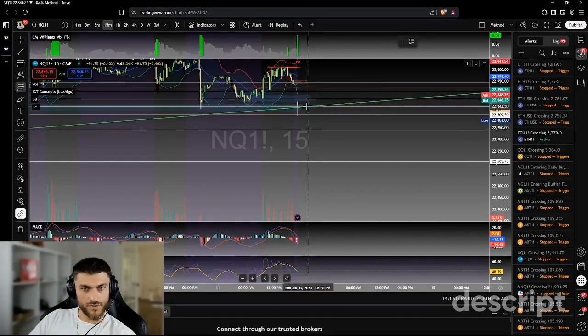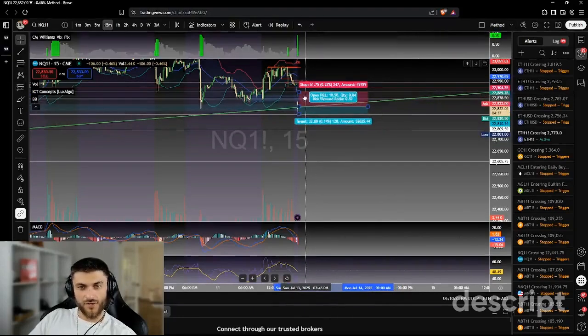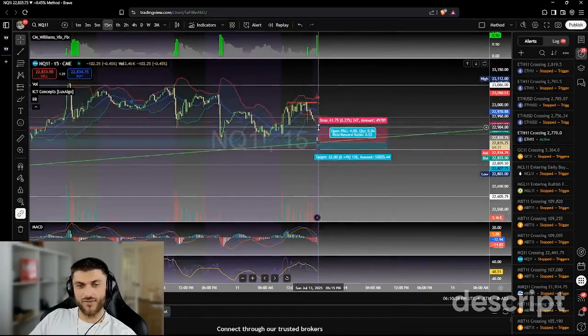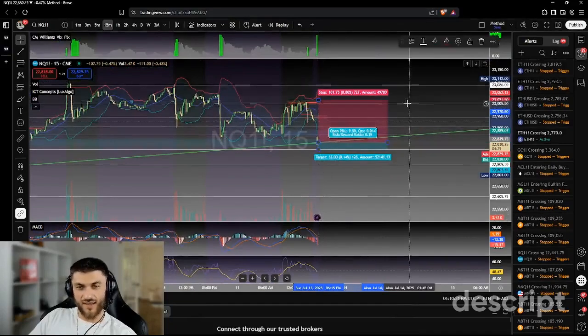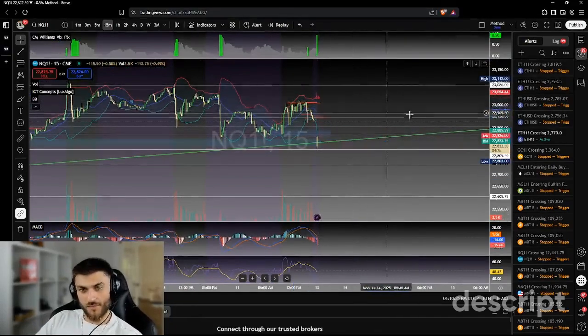If you were to open this from here, you're targeting that support, and you're risking that. So your risk reward ratio is garbage.